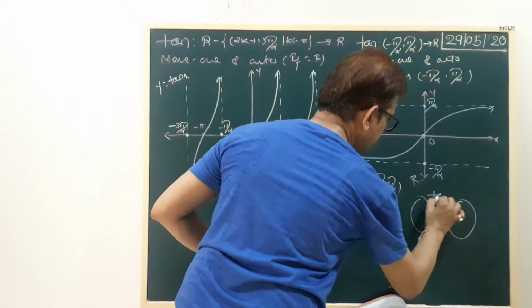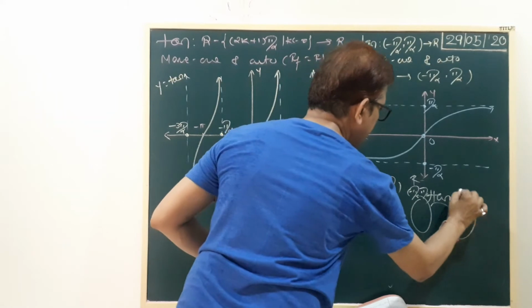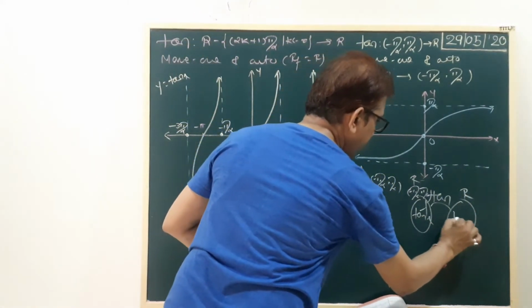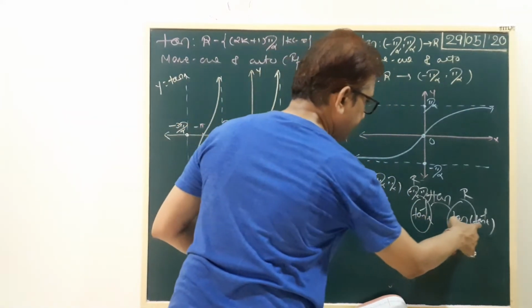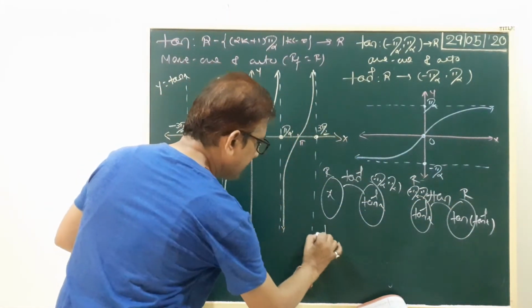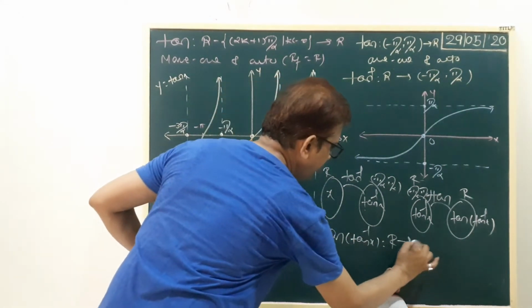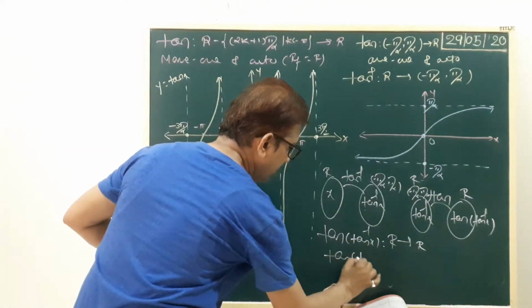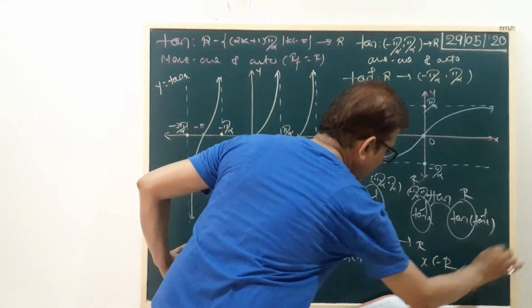Now here tan, here minus pi by 2 to pi by 2 and this is your R. Now put here tan inverse x and put here tan x. Clear? So tan of tan inverse x equals x, but x is in R. So we write here tan of tan inverse x is a function from R to R. And tan of tan inverse x equals x, where x belongs to R.